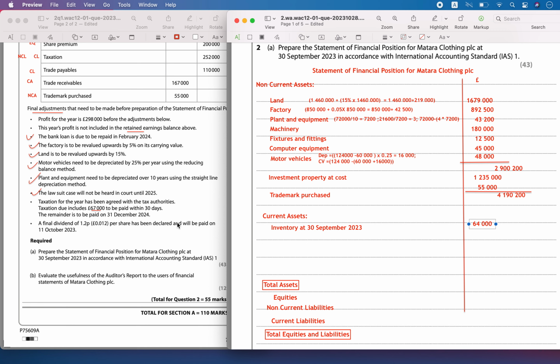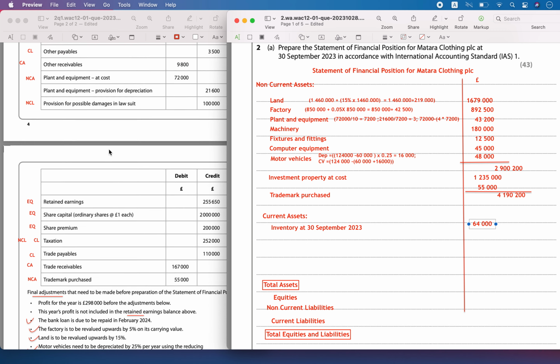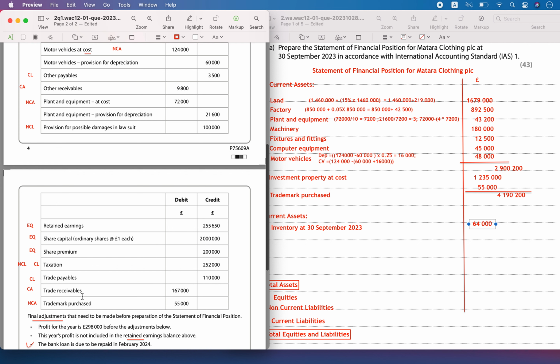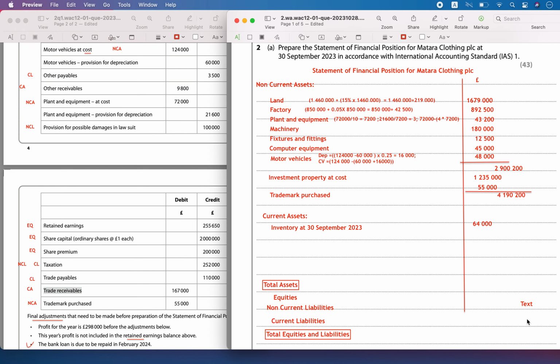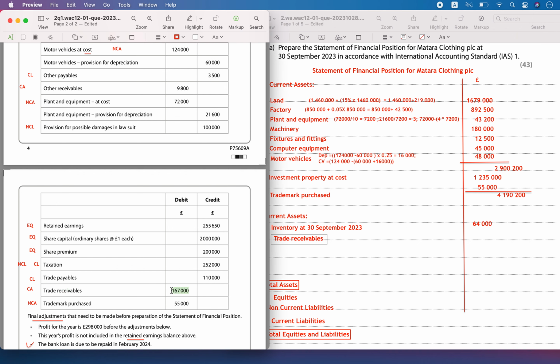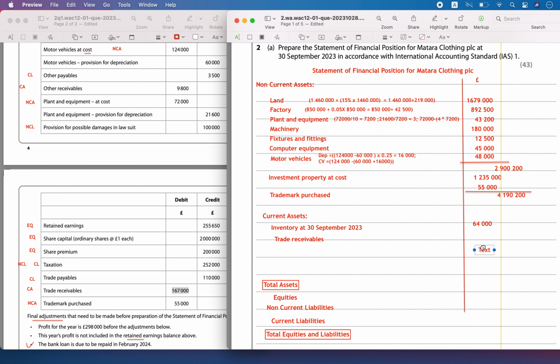Then you have the trade receivables, which are 167,000. There are no adjustments, so you are just adding up.